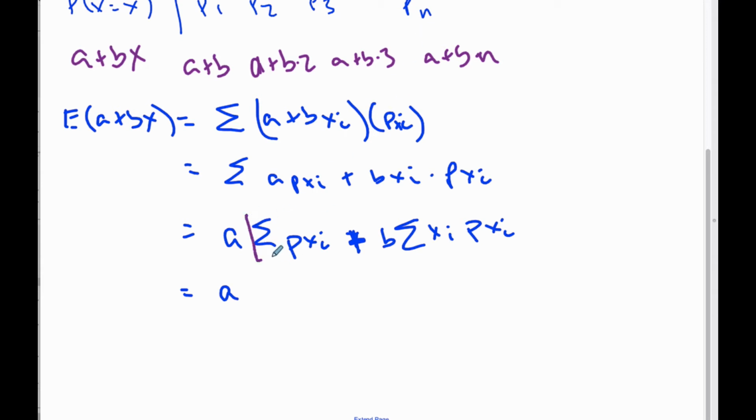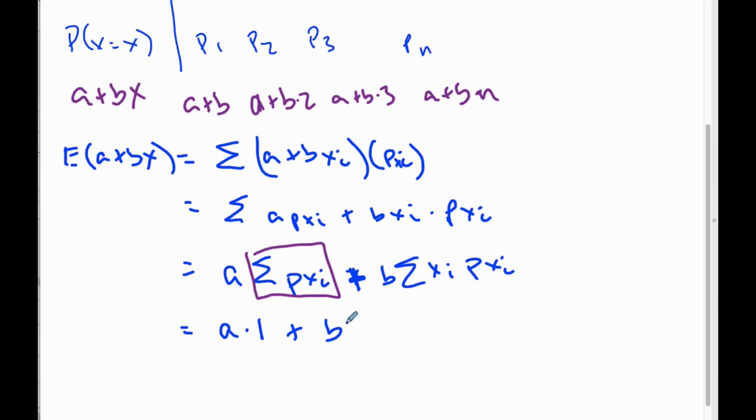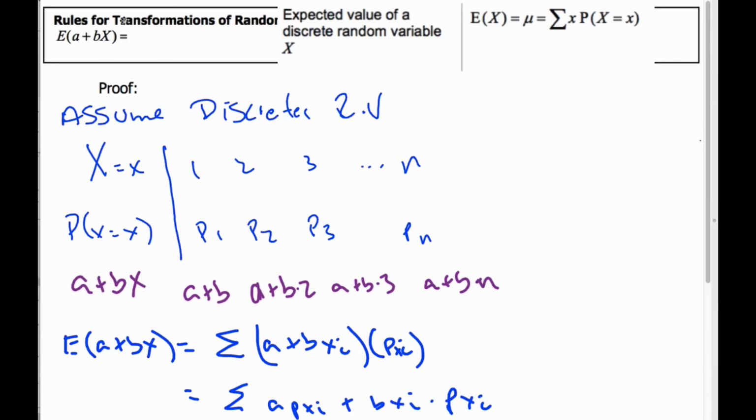That's what this is saying: add all the probabilities up for this variable, and the sum of all probabilities is equal to 1. Plus b times, well, this here is the expected value of x. That's what the formula is. So this is b times the expected value of x, and so I get a plus b times the expected value of x. And so I've just proved that this is indeed a plus b times the expected value of x.